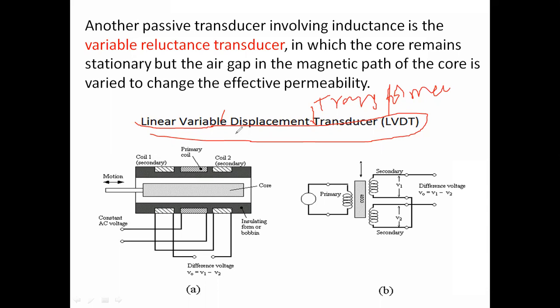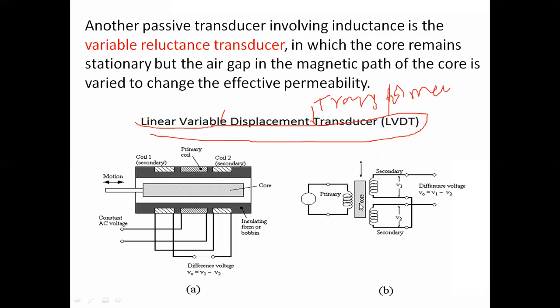Whereas in the previous case, the variable reluctance transducer and inductive transducers, the displacement is very, very small, and some non-linearity will be present in the inductor coil. Those non-linearities will be cancelled by using the LVDT.